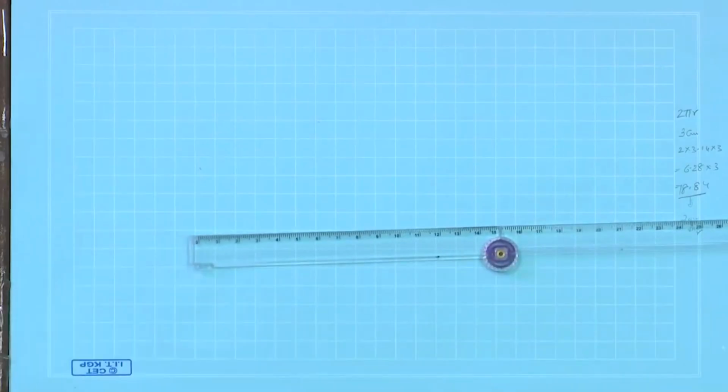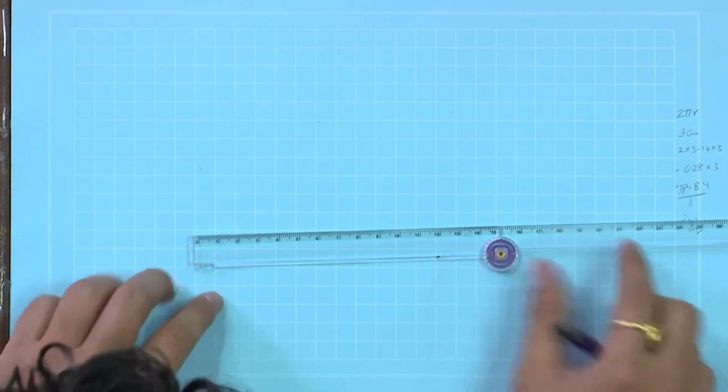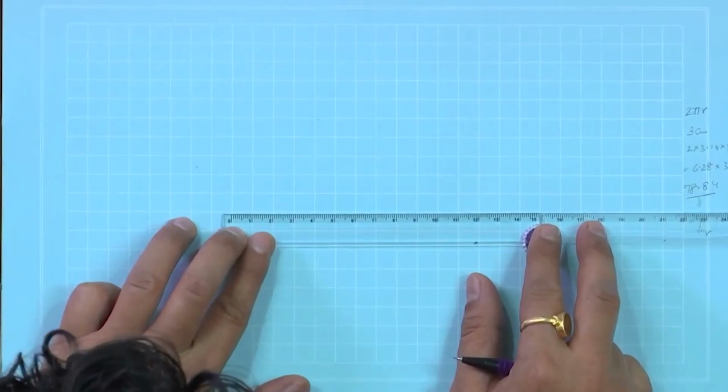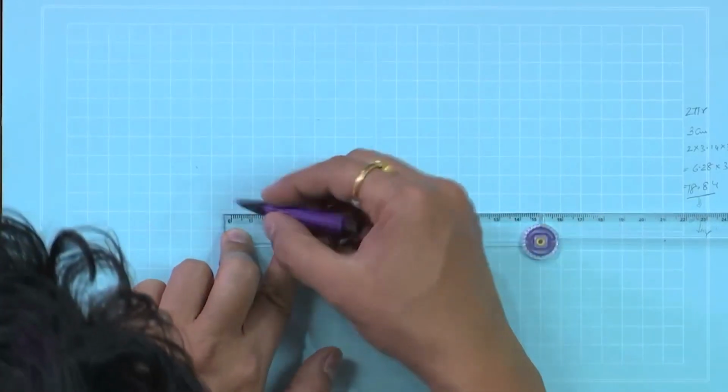So, we will do it in the same way. First of all, let us construct a baseline of 100 units.